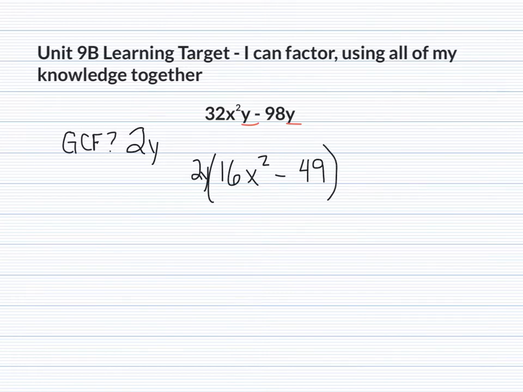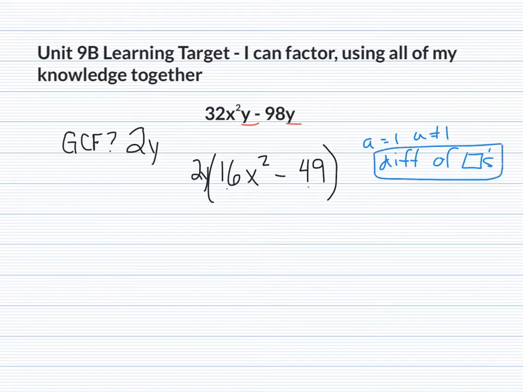Okay, so our next question is to look and say, is a equal to 1? No. Is a not 1? Or is it a difference of squares? I like that. Since 16 is a perfect square and 49 is a perfect square, I can see that this is a difference of squares. So the square root of 16x squared is 4x.